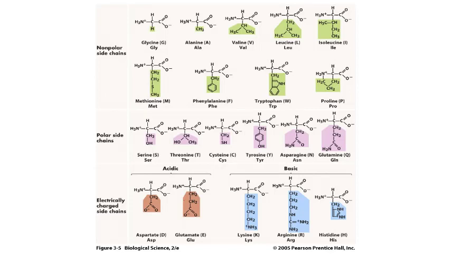All right, so these are our 20 standard amino acids. You are not responsible for memorizing these. However, you are responsible for knowing their properties and which groups belong to which.